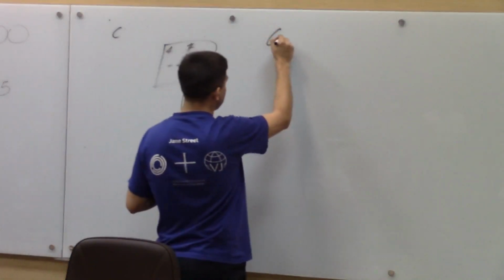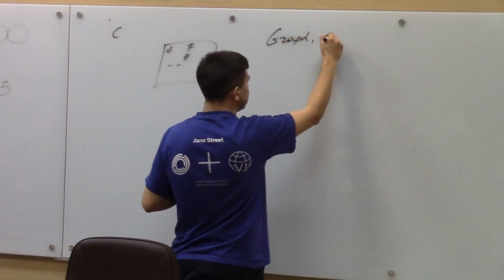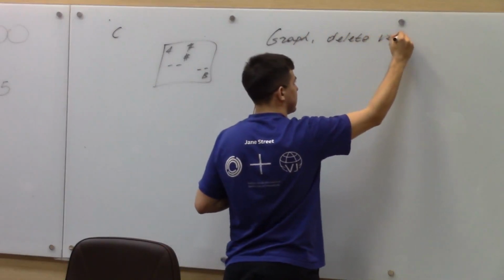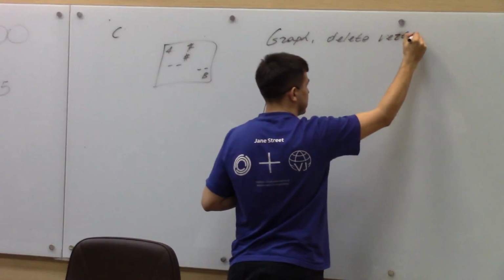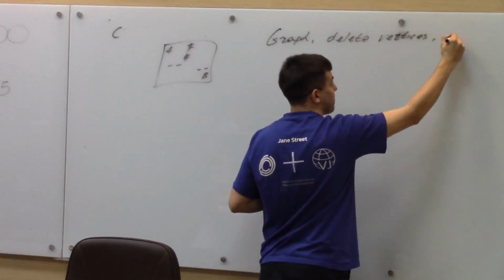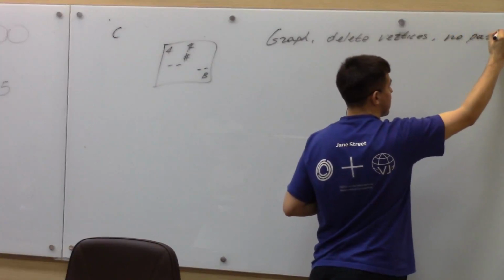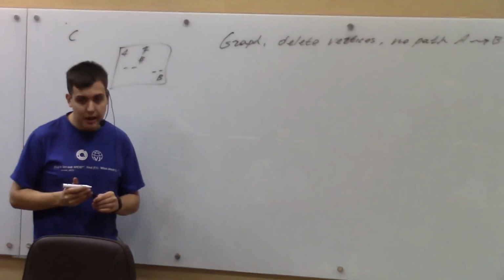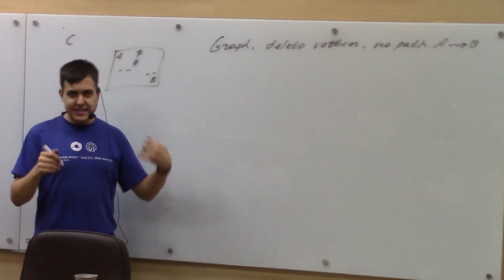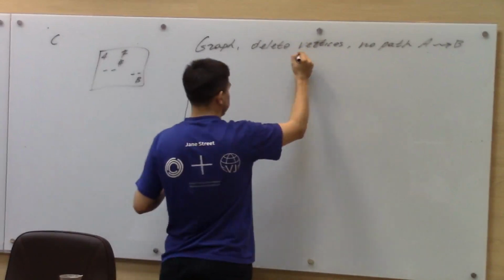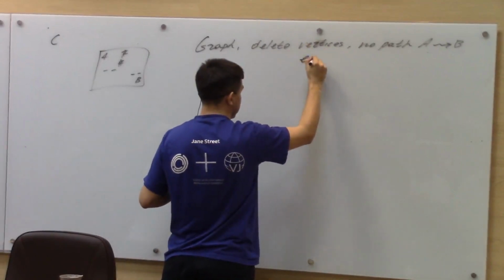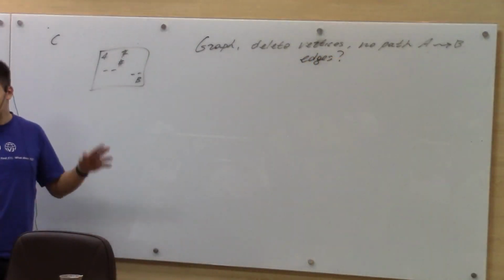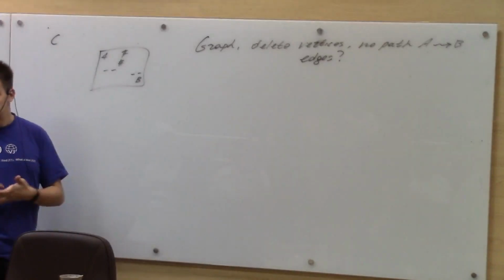We have a graph. Delete some vertices, so there is no path from A to B. Well, first, let's delete edges. So, not vertices, but edges. Well, turns out it's just run the min cut.